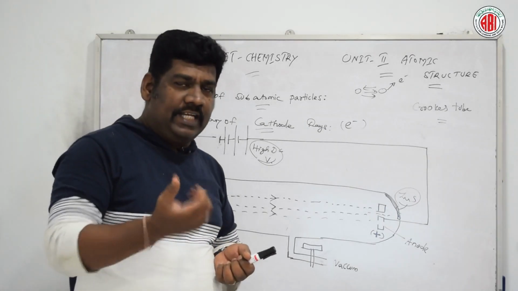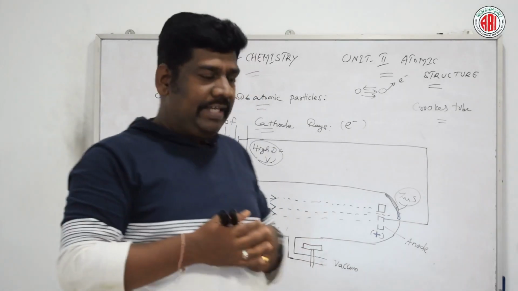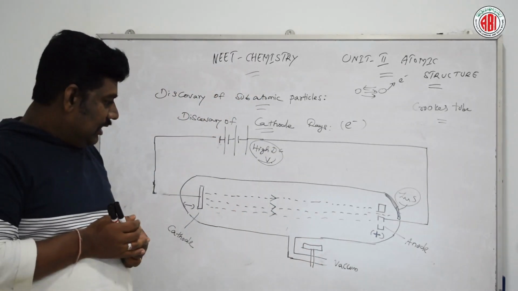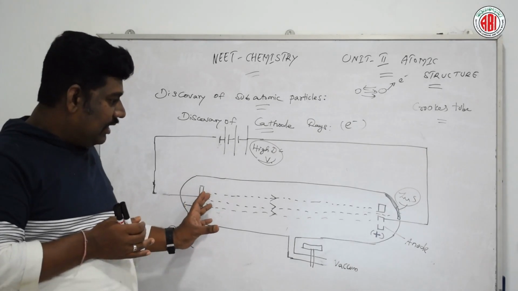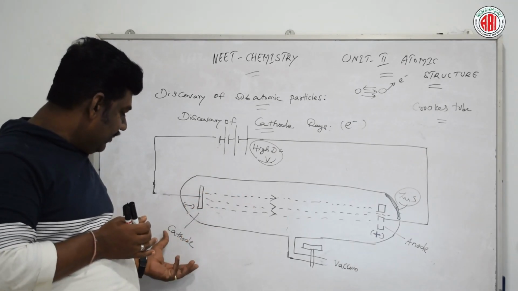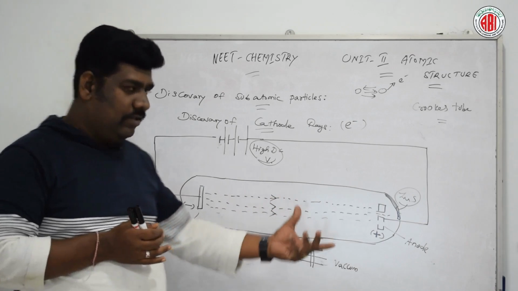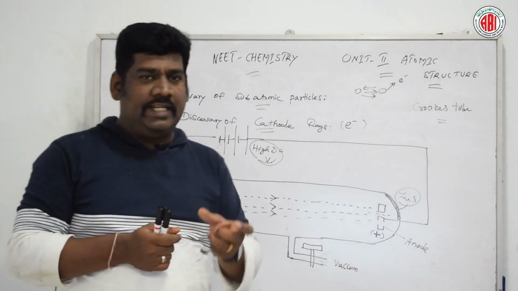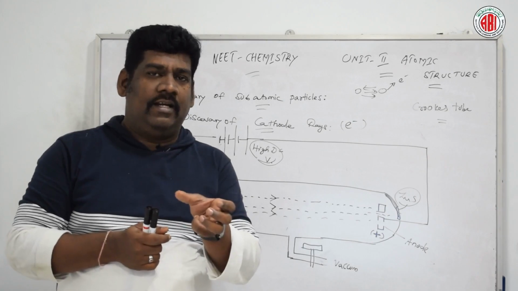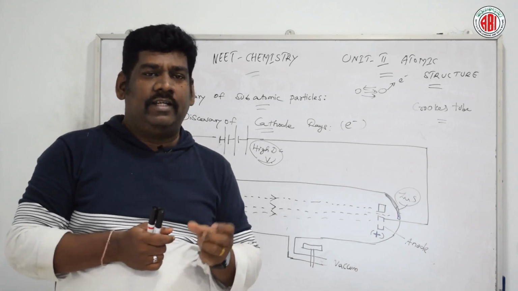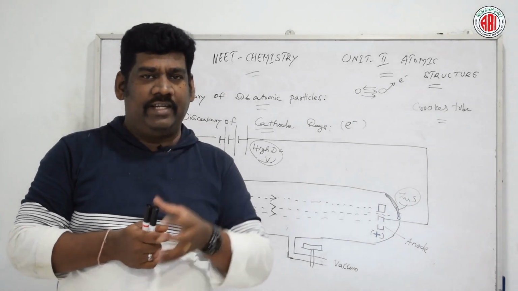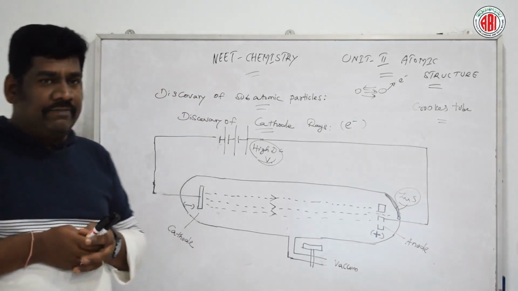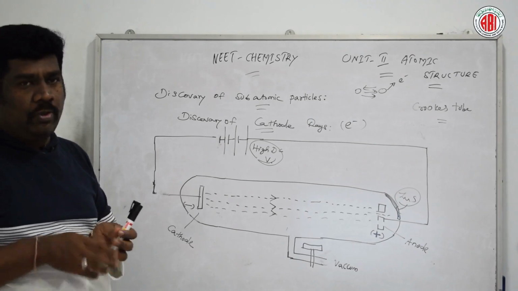Now let us see the next characteristic feature. When these rays are emitted from the cathode to the anode, if we keep a little paddle wheel in their path, what happened? The wheel started to rotate.